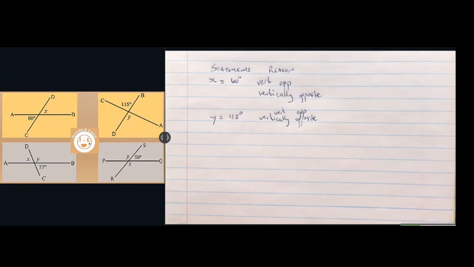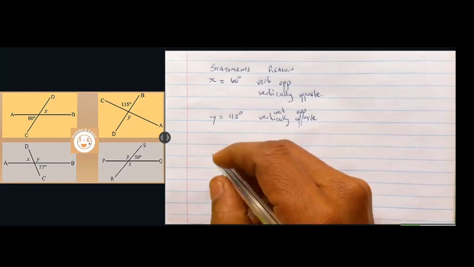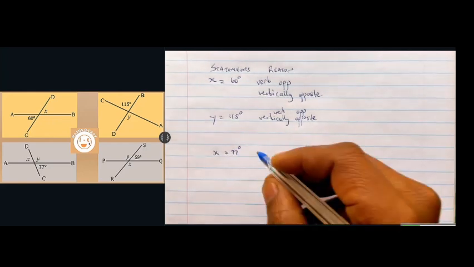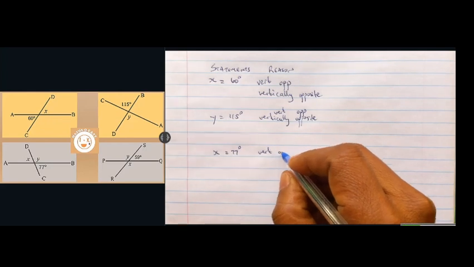So we've got two variables there. We've got x and y, and then we are given the degree 77. So an easy one to start with is x is equals to 77. Same reason, vertically opposite.